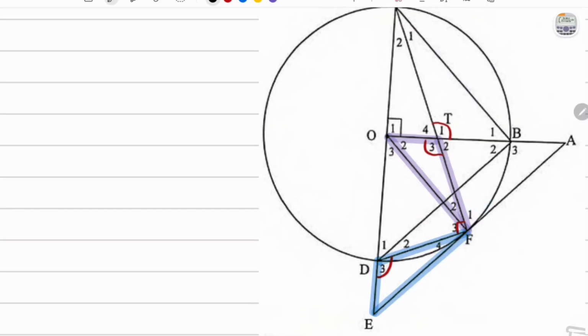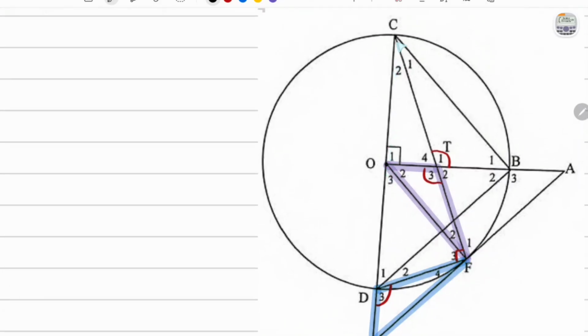If you look at F2, do you see that OF is a radius, and OC is also a radius? Then you have a triangle here, so that makes that triangle an isosceles triangle. And so the angles here would be equal. The angles opposite the equal sides are equal.